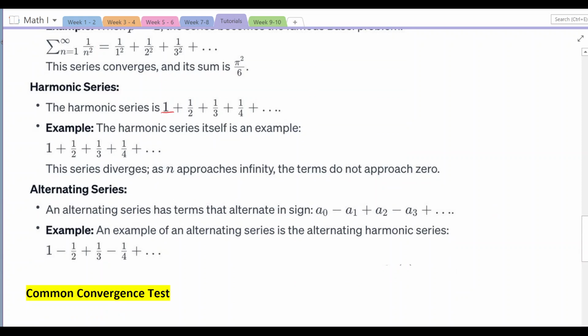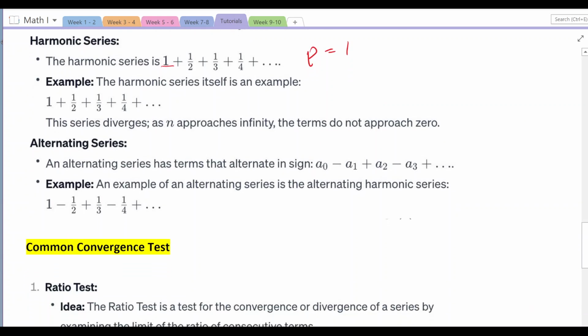As you can see here, p equals 1, just by the definition of the harmonic series. And the series will always diverge as n approaches infinity. The terms do not approach 0.